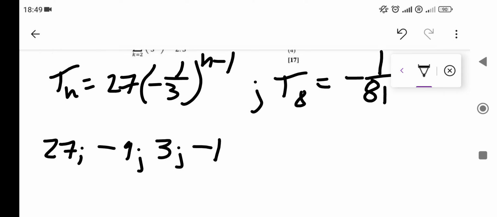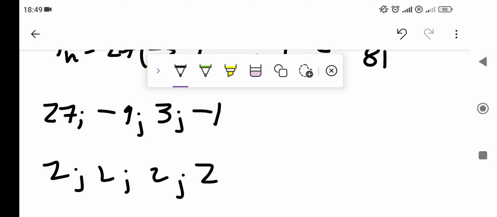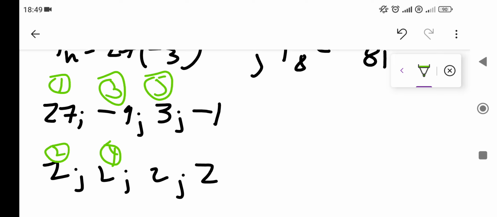Right? So there's that one. And the other one was just consecutive twos, right? 2, 2, 2, 2. Okay. So this is going to be term 1, term 2, term 3, term 4, term 5, term 6, term 7, term 8.